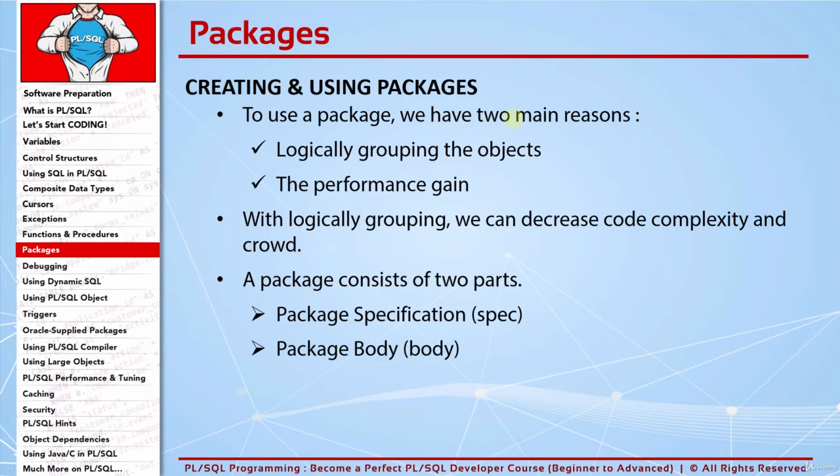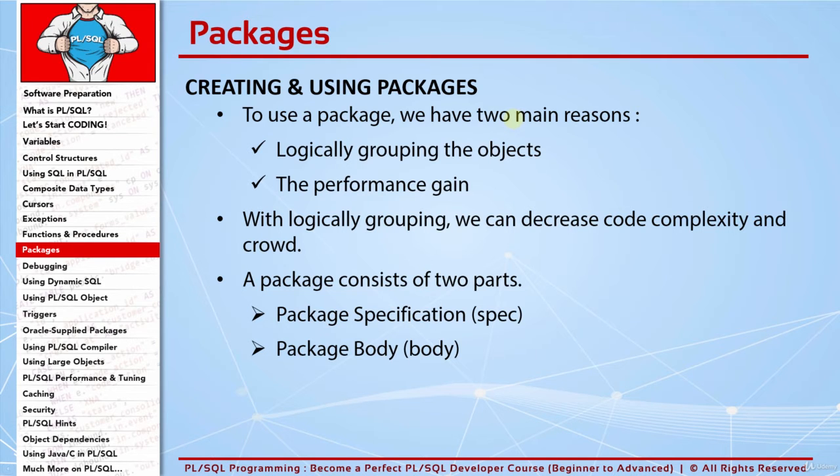To handle this identifier problem, and of course there are some other reasons, you will see them too, Oracle divided a package into two parts. Package specification is for the globalization. That means anyone who has the privilege will be able to use all the objects declared in the package specification. But notice that I said declared.